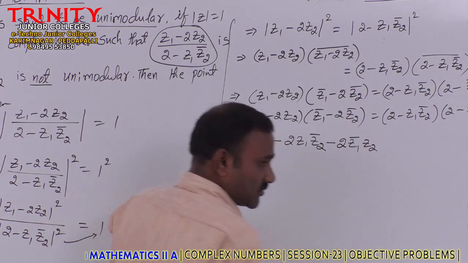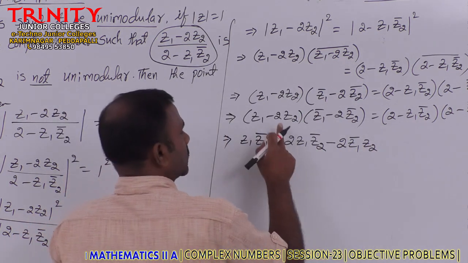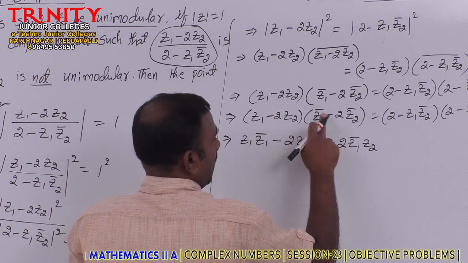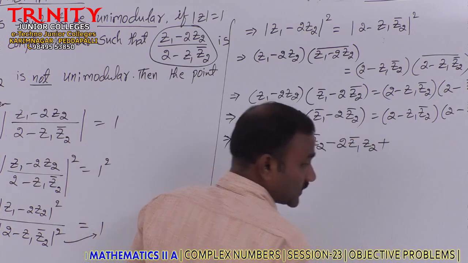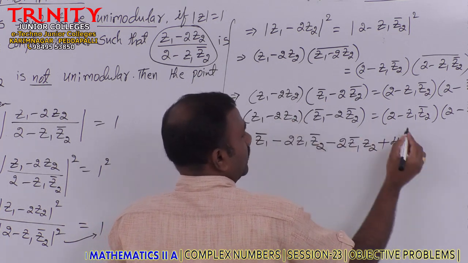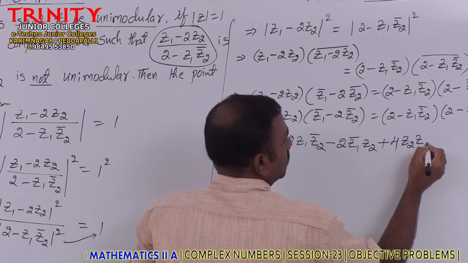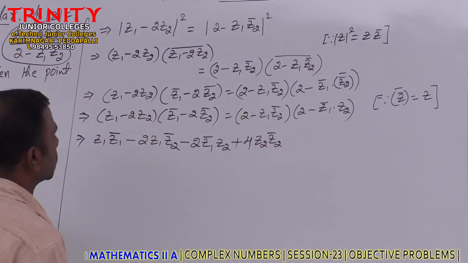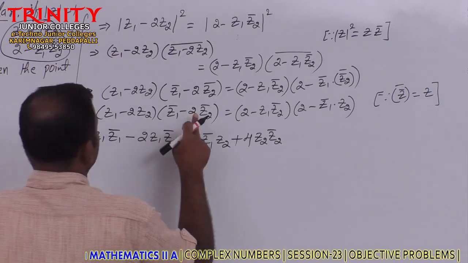I am writing in order, Z1 and Z2 order. That's why minus 2 Z1 bar into Z2, minus into minus plus 2 into 2, 4 Z2 into Z2 bar.